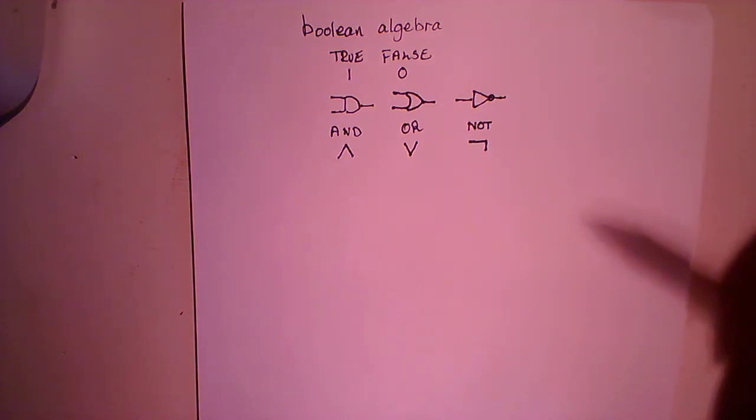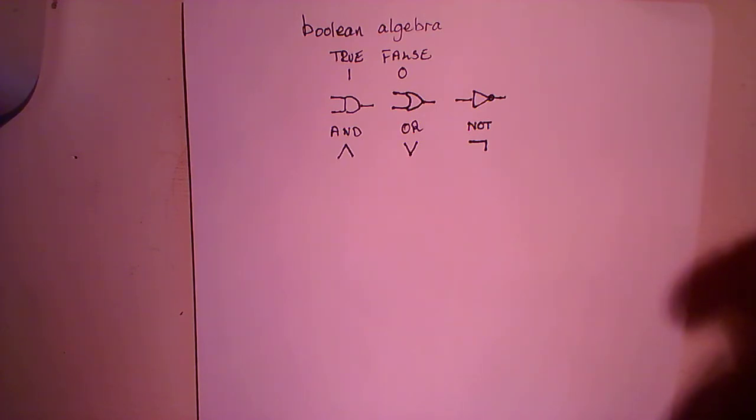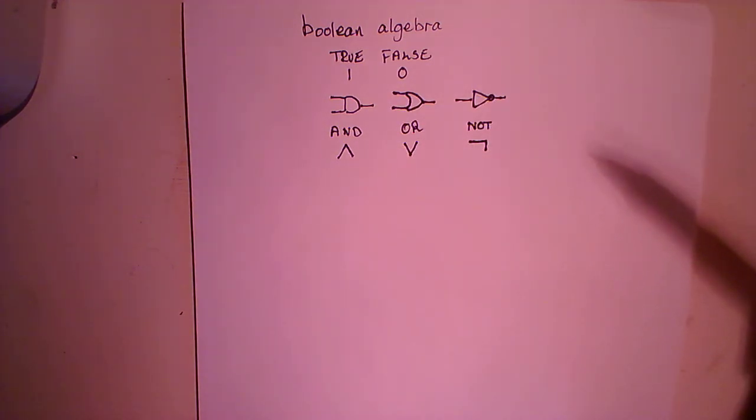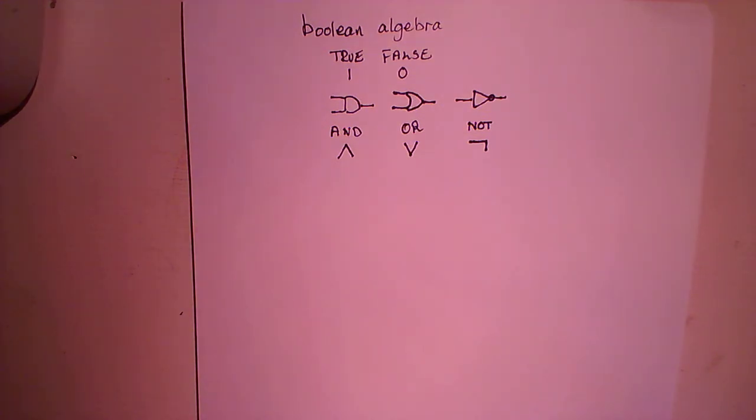There are more symbols. We don't need to know them, and really you could make up anything from these three. You don't need to have the rest. They're just sort of combinations of. So that's the introduction. In the next video we'll start looking at truth tables.